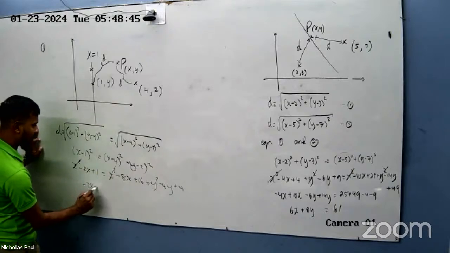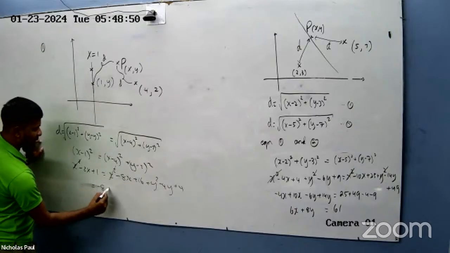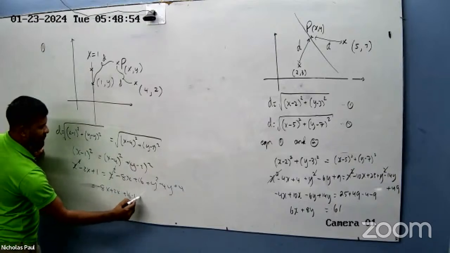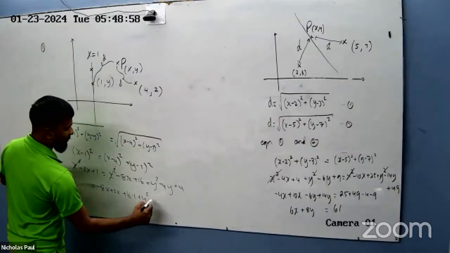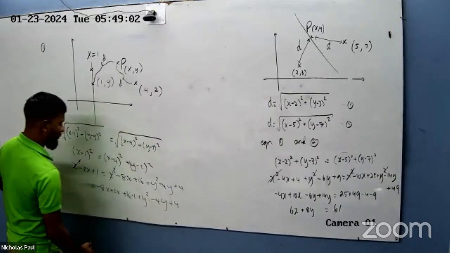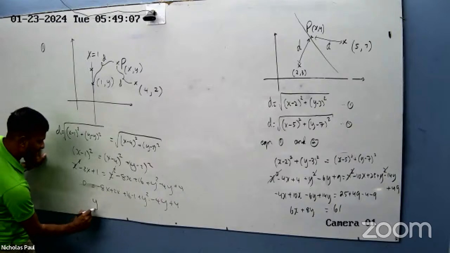You'll get minus 8x plus 2x plus 16 minus 1, y squared minus 4y plus 4 equal to 0.